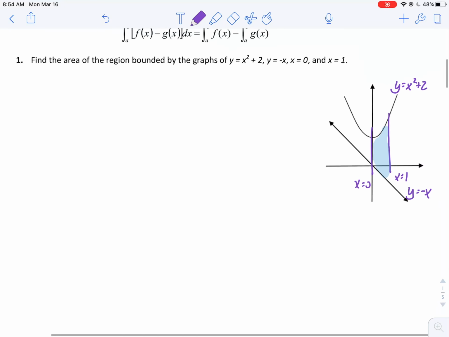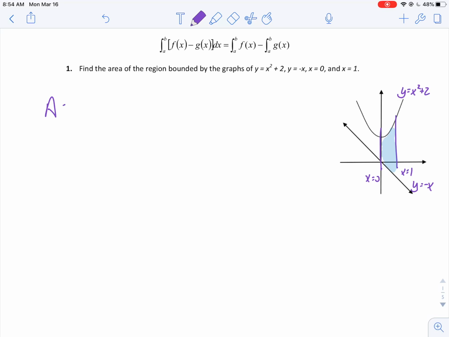Now, how we do it is we simply take the integral from 0 to 1 of my top function, which is x squared plus 2, minus my bottom function, which is negative x. And we integrate with respect to x because we're adding up all of these rectangles in the x direction.